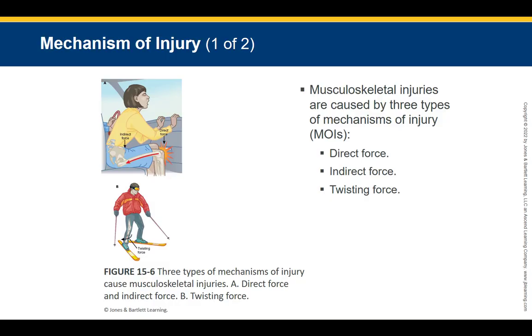The indirect force here is the reaction from another part of your body taking direct force, and you see your hip being displaced, the femoral head popping out of the socket. And then, of course, you have the twisting force. Anytime your body twists opposite of the way the rest of your body is going, we have a mechanism of twisting.